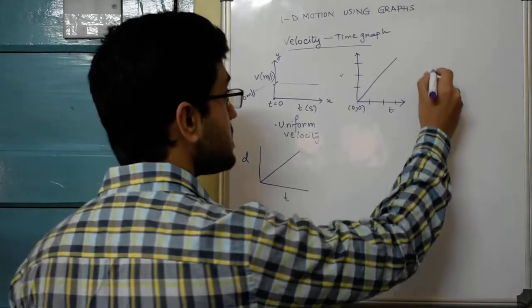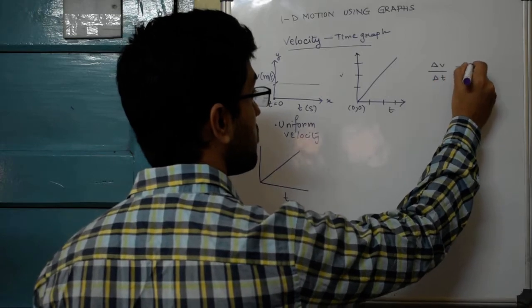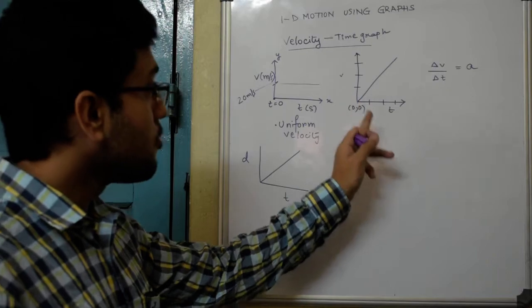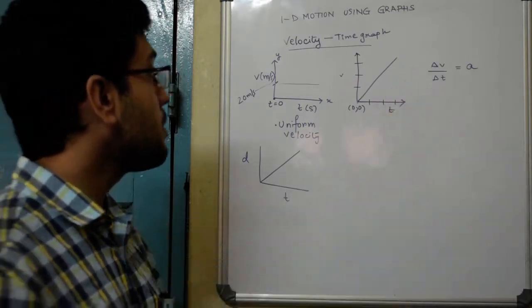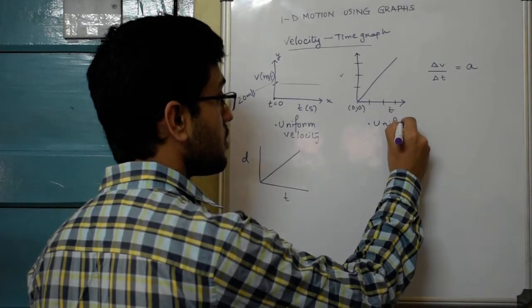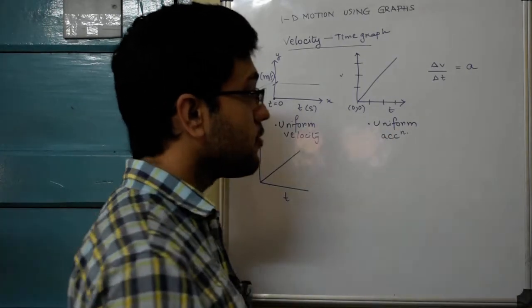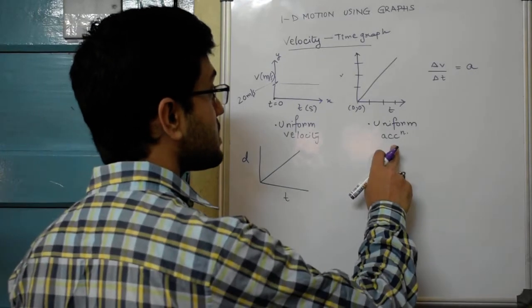So there is a change in velocity with change in time, which means that this kind of motion is accelerated. So whenever you find in a velocity time graph a straight line passing through the origin, it's a case of uniform acceleration. Uniform acceleration.